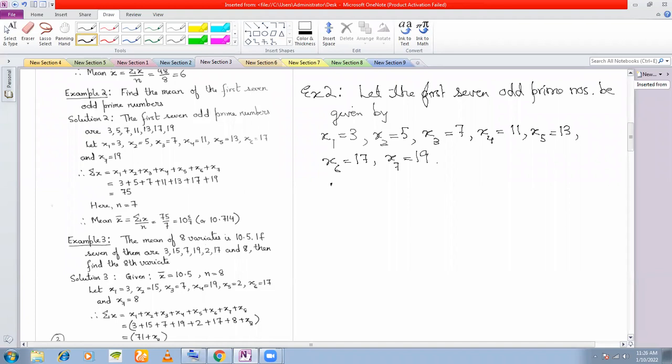How many observations here? Number of observations, n is equal to 7, right? So what should be the mean? Summation x divided by n. And x runs from what values to what values? From x1 till x7.